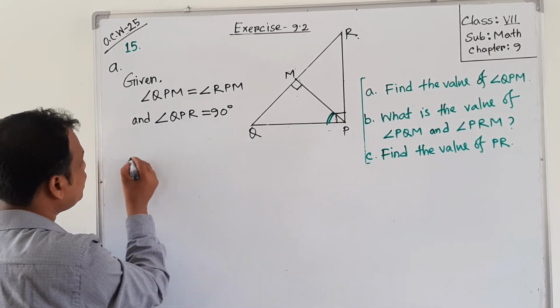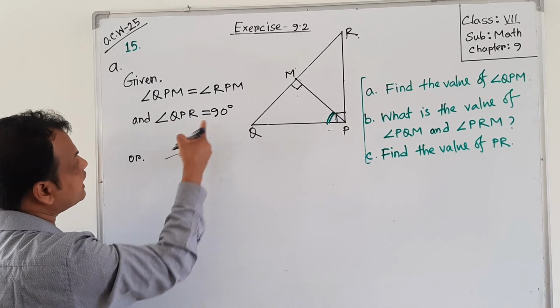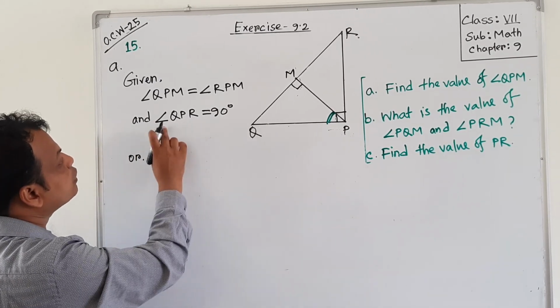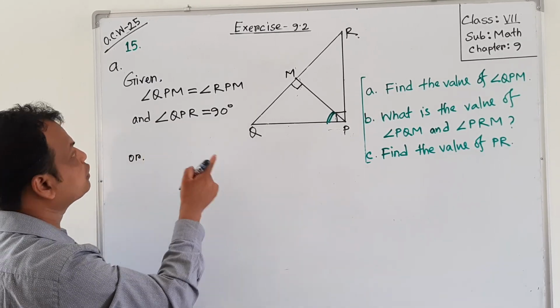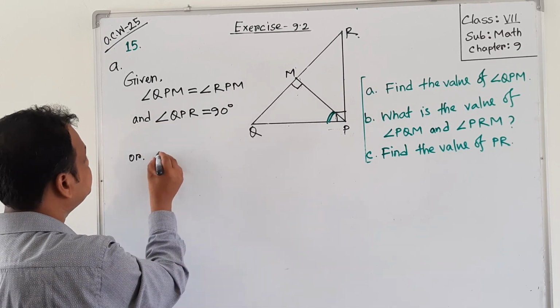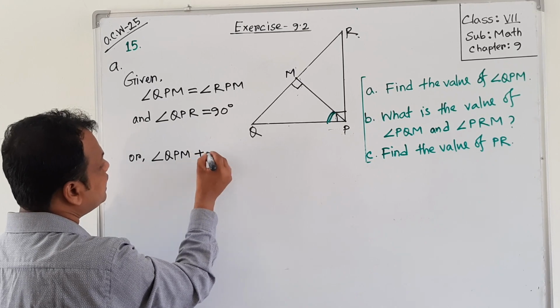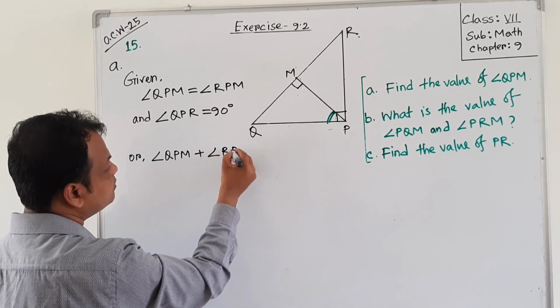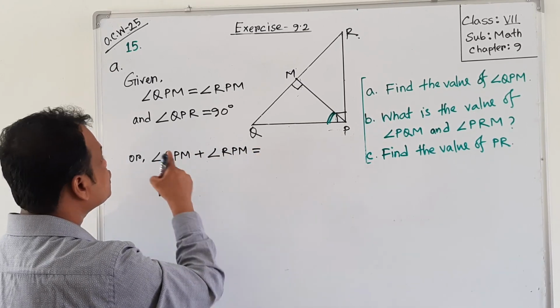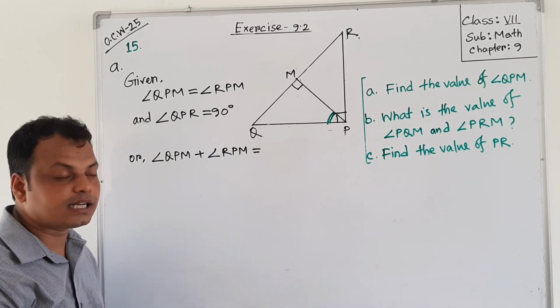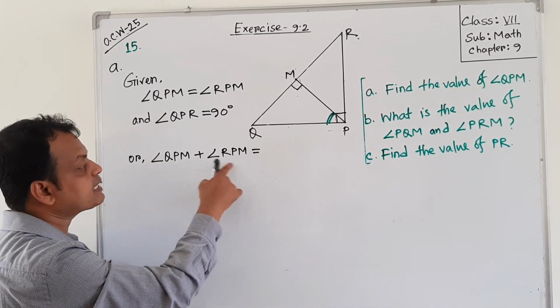From this line we can write angle QPR equals angle QPM plus angle RPM. So QPR is the sum of the angles QPM plus RPM.